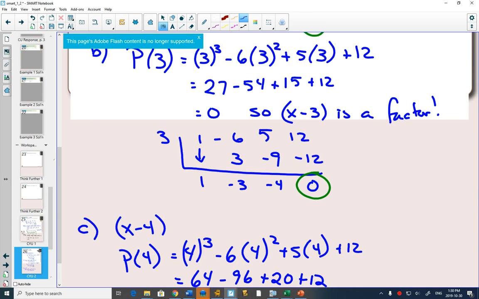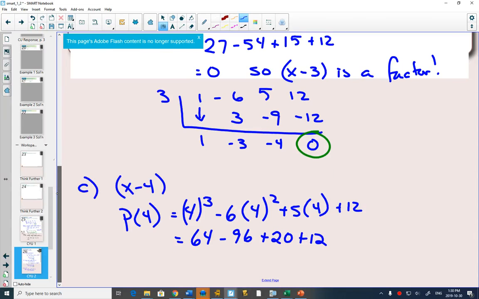Do our mental math skills come into play here? Yes. If you've got strong mental math skills, these can go a lot quicker. Adding these together, 96 minus 96 is 0, once again. So x minus 4 is a factor as well.